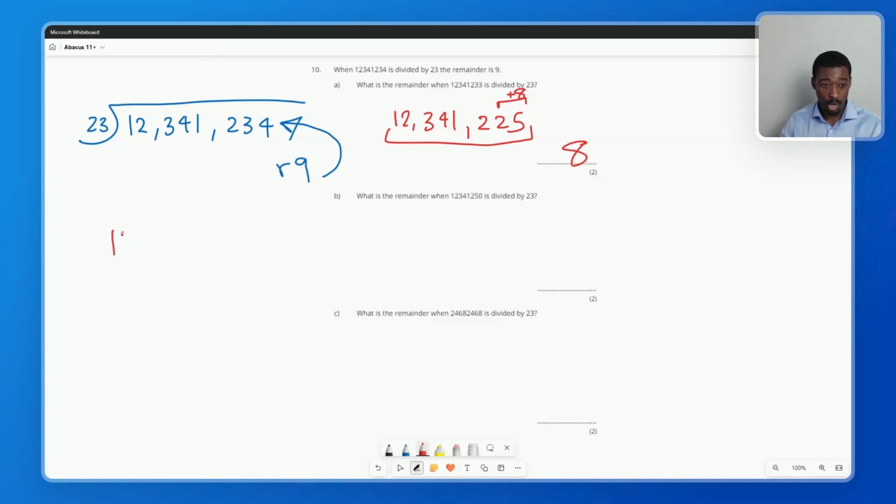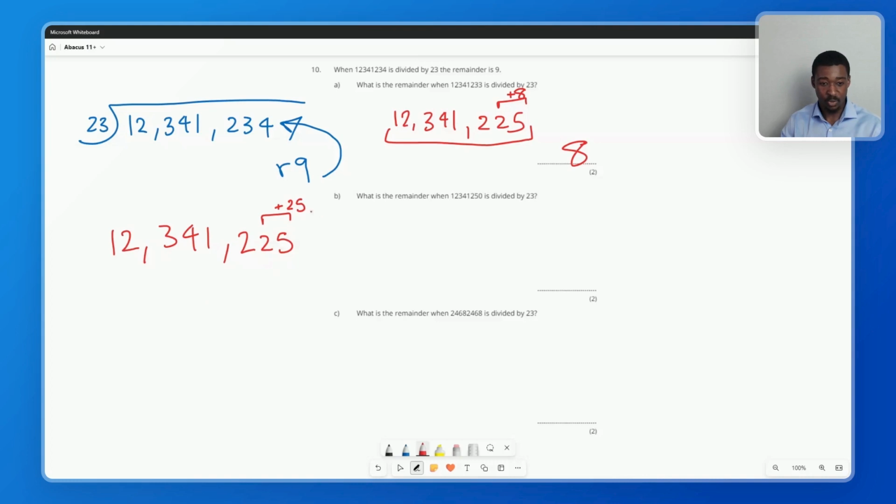And now for part B, we can use that same understanding to work this out. Remember, the number that we're comfortable with that can be wholly divided by 23 is 12,341,225. So what's the remainder when we divide 12,341,250 by 23? So now this is 25 more than our safe number.